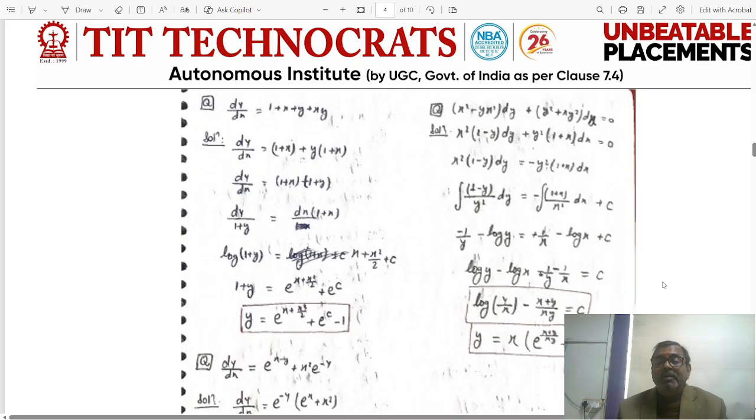Separate each term, so we get −1/y − log y, that is integration, = 1/x − log x + c. On simplification, we get log(1/(yx)) − (x + y)/(xy) = c. We can write y = x(e^((x + y)/(xy)) + e^c). That is the required solution.